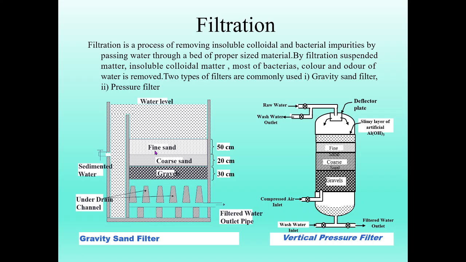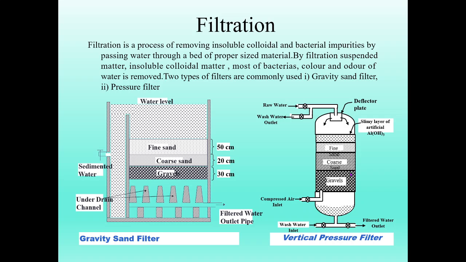The next type of filter is the pressure filter. A pressure filter consists of a cylindrical vertical steel tank containing 3 layers of filter media one above the other. They are pebbles, coarse sand and fine sand. Impure sedimented water is mixed with a small amount of alum solution.